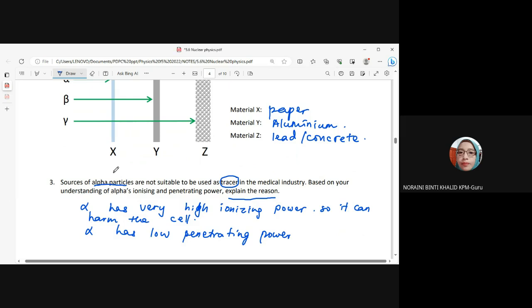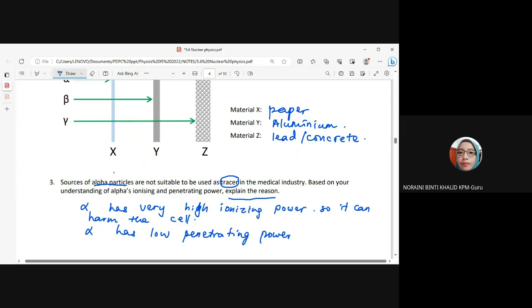Tak ada. Okay, low penetrating power so cannot be detected by detector. Kalau you consume, doktor bagi, radioactive substance that emit alpha, tapi alpha tu dia tak boleh keluar sebab dia dah stop by you punya tisu dalam pun sudah stop kan.